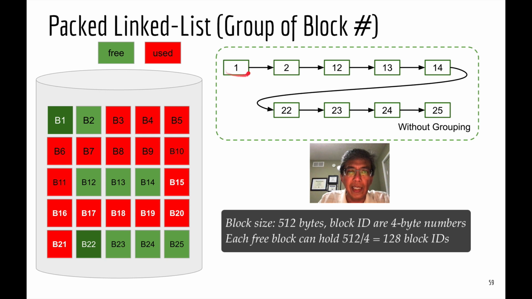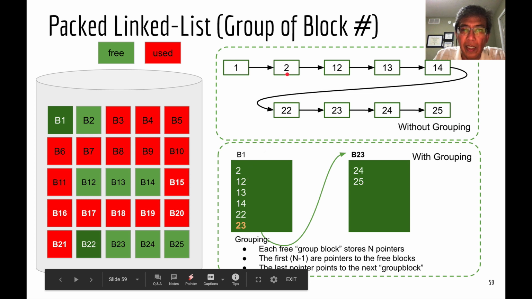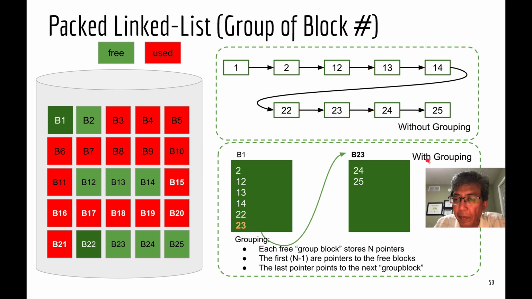That means inside each free block, essentially we can keep 128 numbers. Using this idea, we can pack more numbers into the free block, and these numbers are essentially the free block numbers in our list. So this is what we have when we link the free blocks together. The diagram in the lower half of this screen shows you how we can pack more block numbers into the free block.